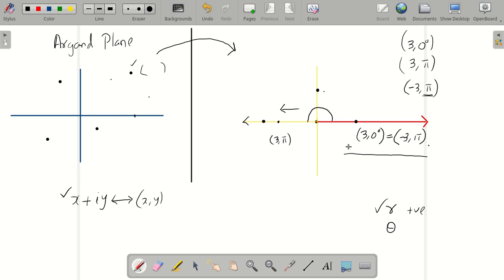The reason is in the polar coordinate system the points do not have a unique representation. And this is the best example. You can try other examples by yourself later. Anyway, every complex number must have a unique representation.